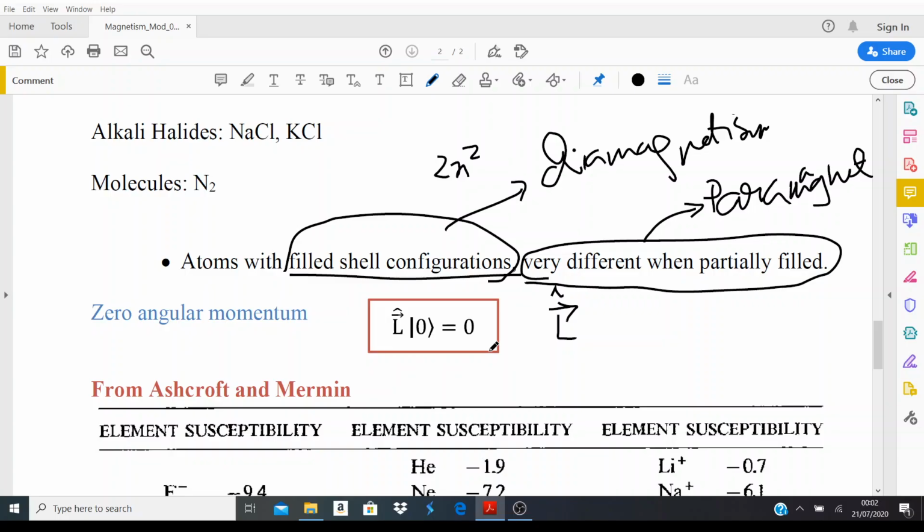But the rule to remember for the diamagnetic discussion is that for diamagnetism we will consider filled-shell atoms, and in those filled-shell atoms, if the electrons are in the ground state, then there will be no net angular momentum. That's the message I want to get across.